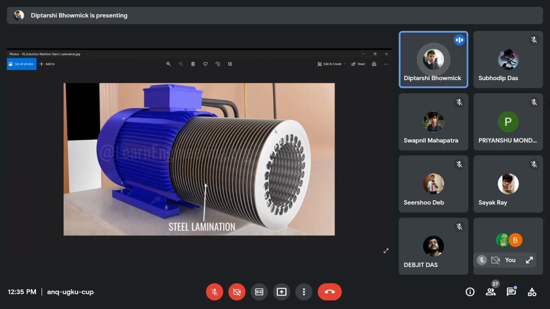This part is the core, the white part is the core. These grooves are the slots. These are the teeth. This overall thing is the lamination, and when a number of laminations are stacked together, the stator is formed without winding, of course, because you have to place the windings over here.